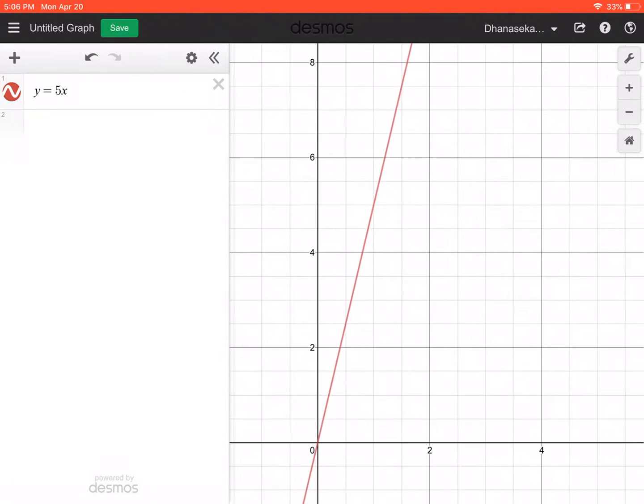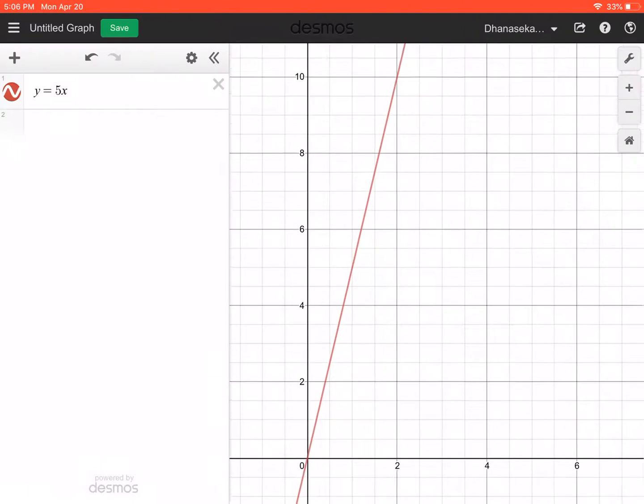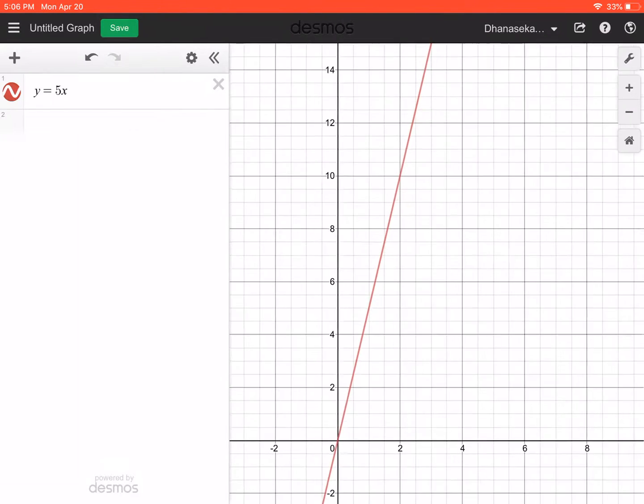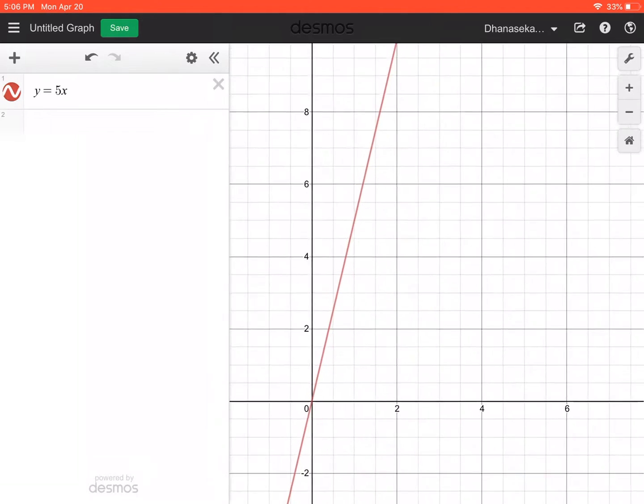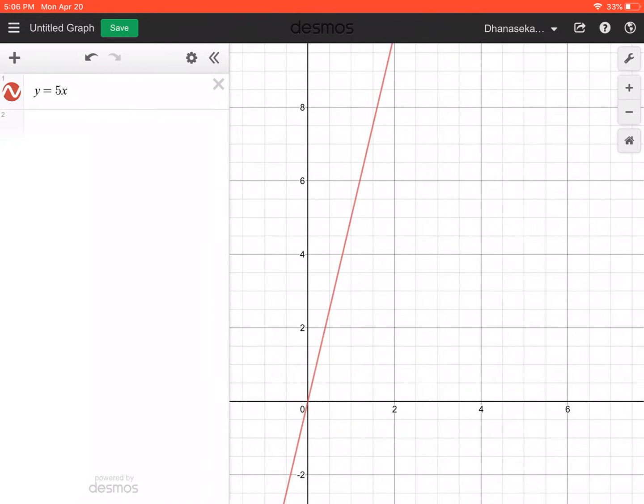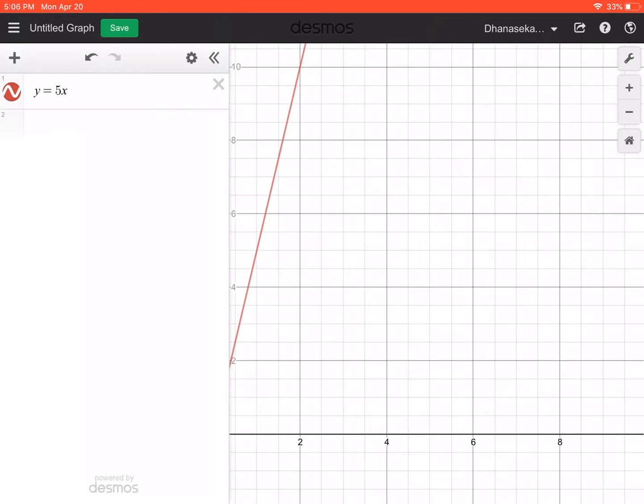Let's just have a hypothetical line. Let's say it goes from 0 to 4. 0 to 4, it rises up 2. And then it just keeps on doing that.